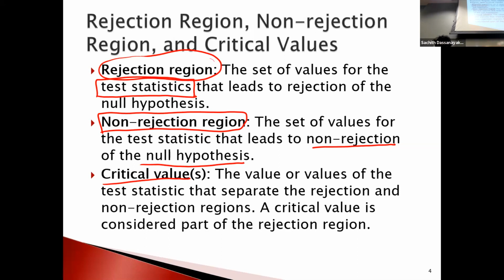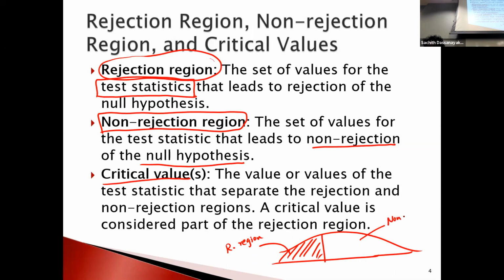If you have, let's say, a normal distribution, this is my rejection region. Let me color this rejection region. So I call this my rejection region. This part I'm calling the non-rejection region.